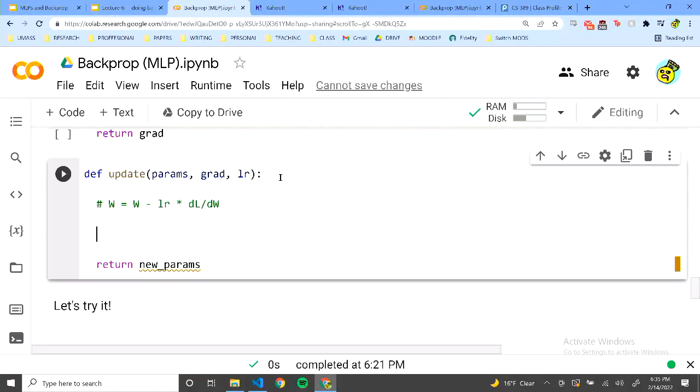So first, let's assign new params. I made a new set of parameters just so that you can see the whole process, but you could just replace them.